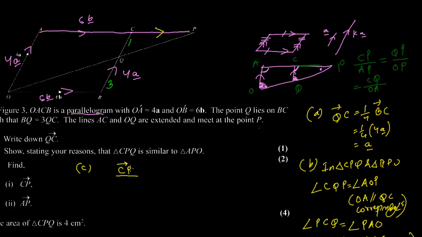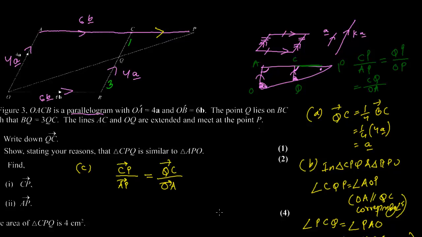So CP divided by AP equals to, we can write CQ or QC, which we found in the previous sum, QC divided by OA. So that is the ratio of similarity.